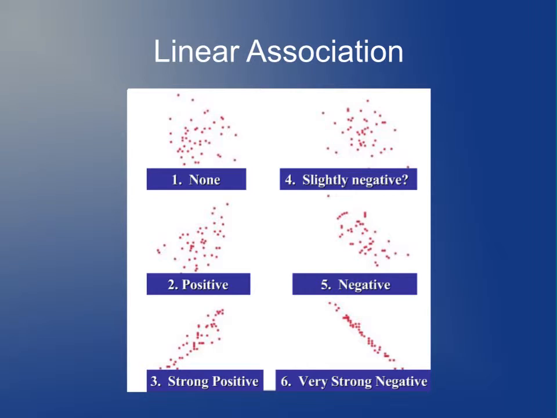There's almost a one-to-one correspondence between x and y, that y increases as x increases. In panel 4, there's possibly a very slight negative association, but if it exists at all, it's weak. Panel 5 has a more robust negative association, and panel 6 is an almost perfect negative association. If you know x, you can predict y with almost 100% accuracy.